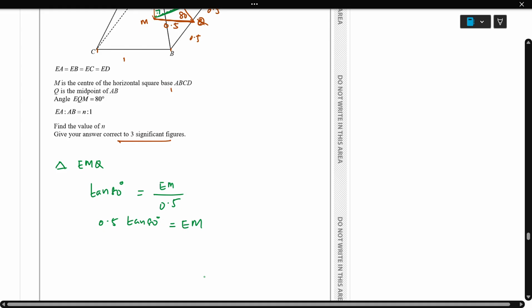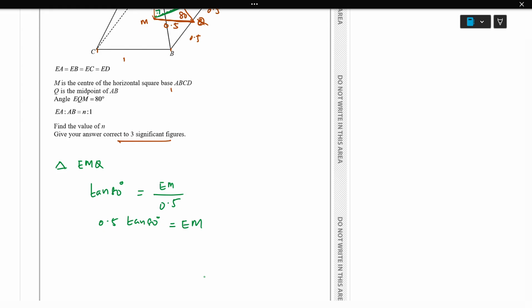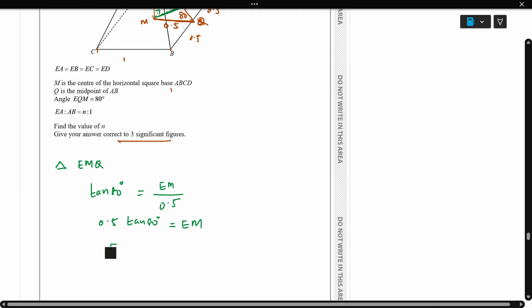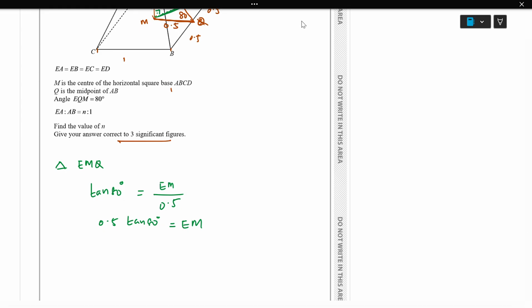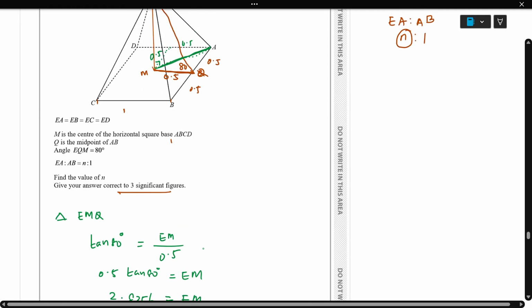So calculate, which is 2.8356, equal to EM. So I got EM.